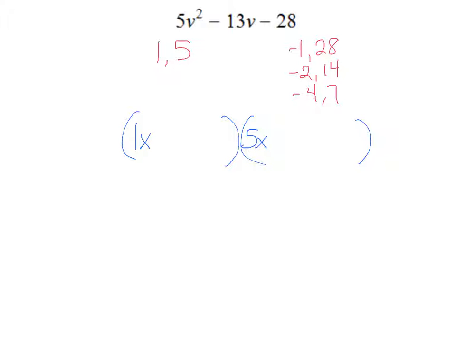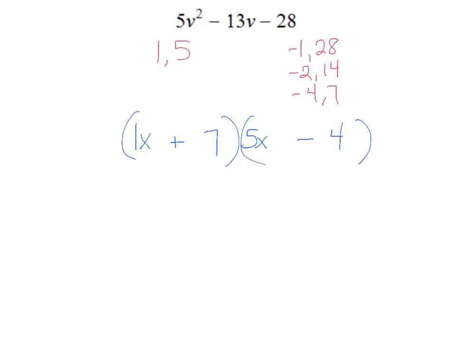I'm probably going to stick with my middle of the road numbers as opposed to my more extreme numbers, the factors that are close to one another. And I'm going to put in then my negative 4 and my 7. It doesn't really matter where I put them because I'm going to acknowledge that I'm going to be doing some erasing today.